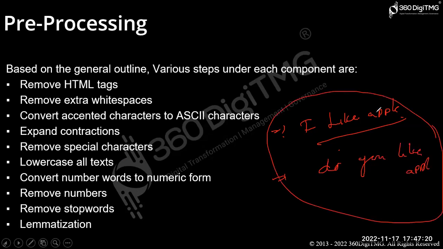Let's say these are the 2 sentences I'll be having. So which are the sentences that are having sentiment, other than those which are not representing any sentiment? So what we will be doing is removing this data using stop words. The stopword list will be there, or you can create a custom stopword list based on the requirement you have.